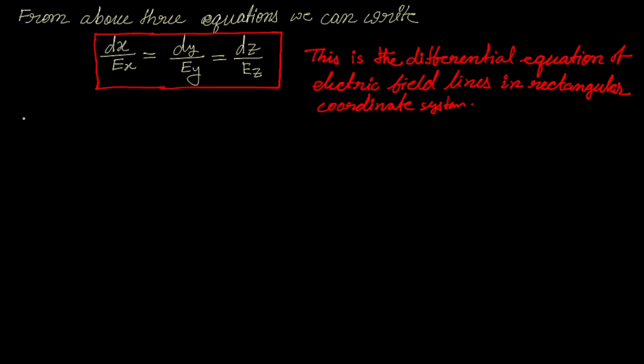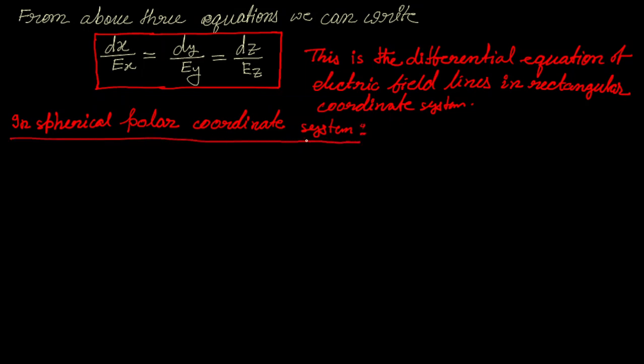Now in spherical polar coordinate system, what are the three variables? r, theta, phi.